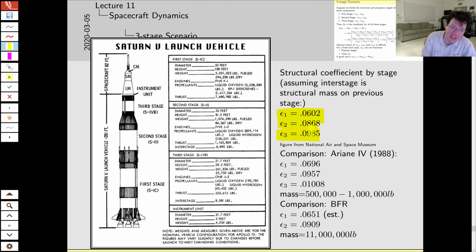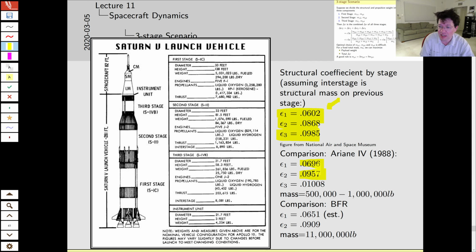And you can see it's increasing, and that's because of the size. The bigger the stage, the higher the volume to surface ratio, the less those propellant tanks weigh. That's why you get that really big first stage leading to a good structural coefficient, and the later stages not so good.